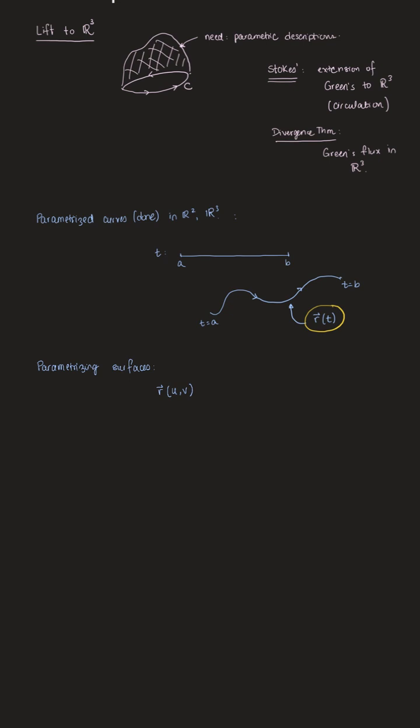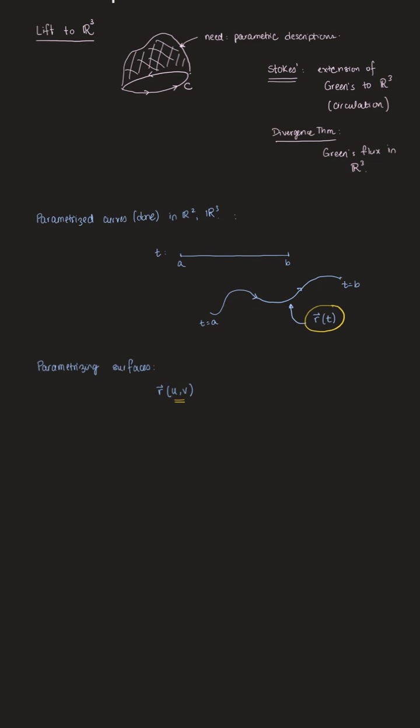This was 1 degree of freedom, because we can define the curve by just how it changes as t changes. But for parametrizing surfaces, we need 2. And that's because a surface in R3 might be something like z equals f of x, y. So we've got 2 quantities that can vary, and the third one can be described with respect to those 2 quantities.